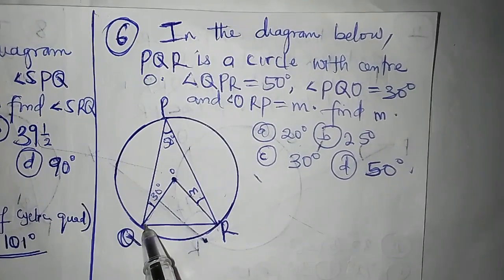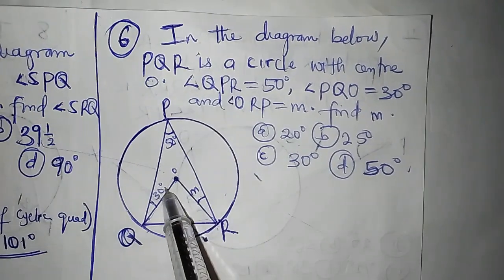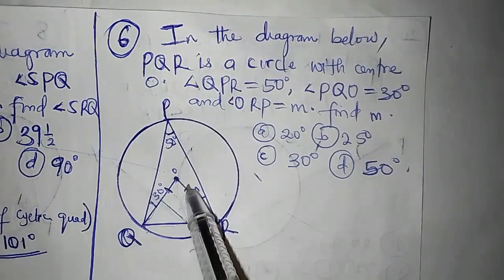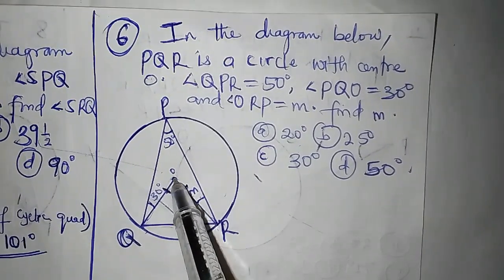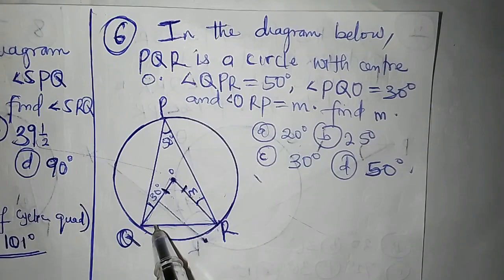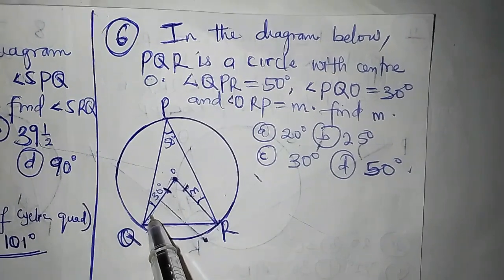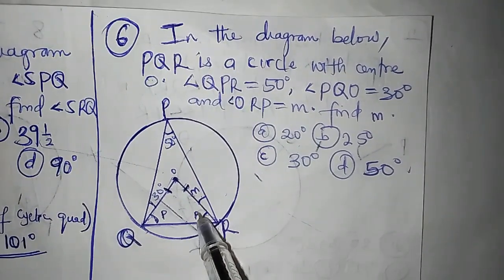I can see a triangle that is formed here, okay? So the radius and the radius are the same. And if the radius are the same, it means that the triangle is an isosceles triangle. That is, two sides are equal and the base angles are also what? Equal.